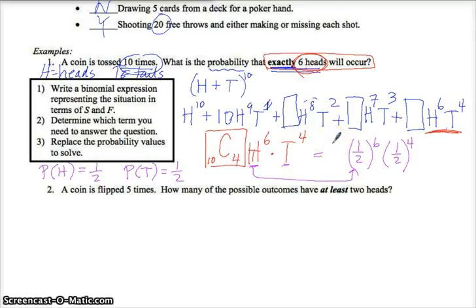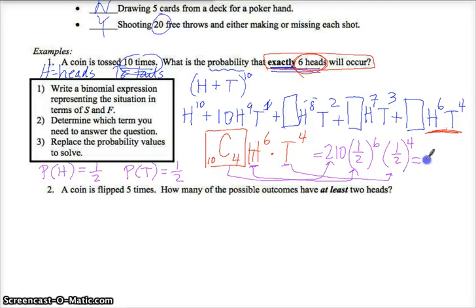So 10 choose 4. Let me do that on my calculator. And I get 210. All these pieces are going like that. Now we just multiply it. So literally it's 210 times 1/2 to the 6th power times 1/2 to the 4th power.